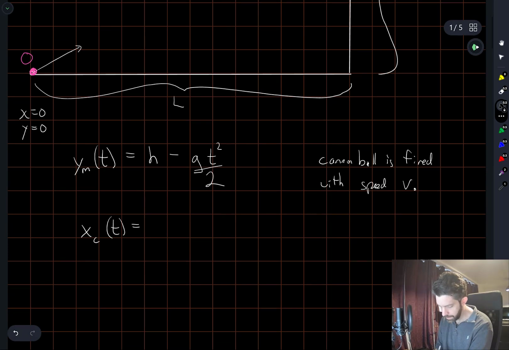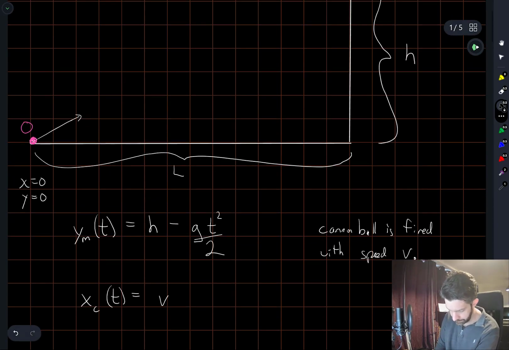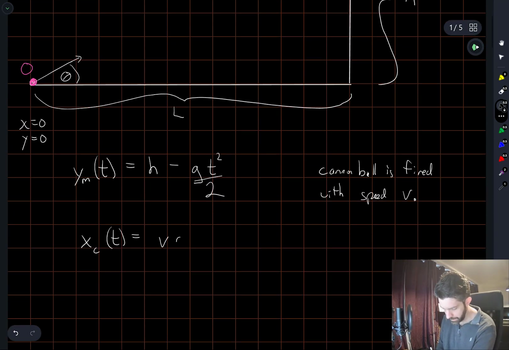So the horizontal speed of the cannonball will be v times, if I call this angle theta, it'll be v times cosine theta.